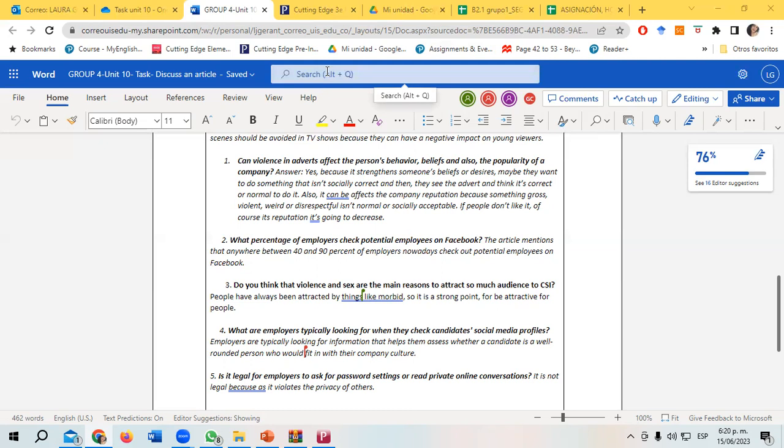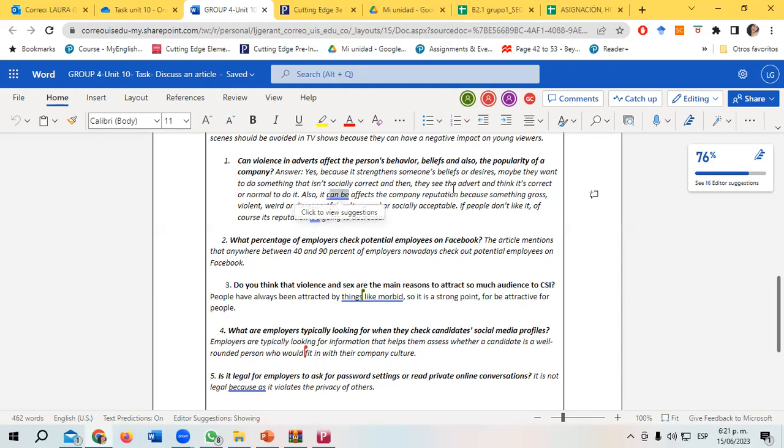Maybe they want to do something that isn't socially correct, and then they see the advert and think it's correct or normal to do it. Also, it can affect the company's reputation because something gross, violent, weird or disrespectful isn't normal or socially acceptable. If people don't like it, of course, its reputation is going to decrease.